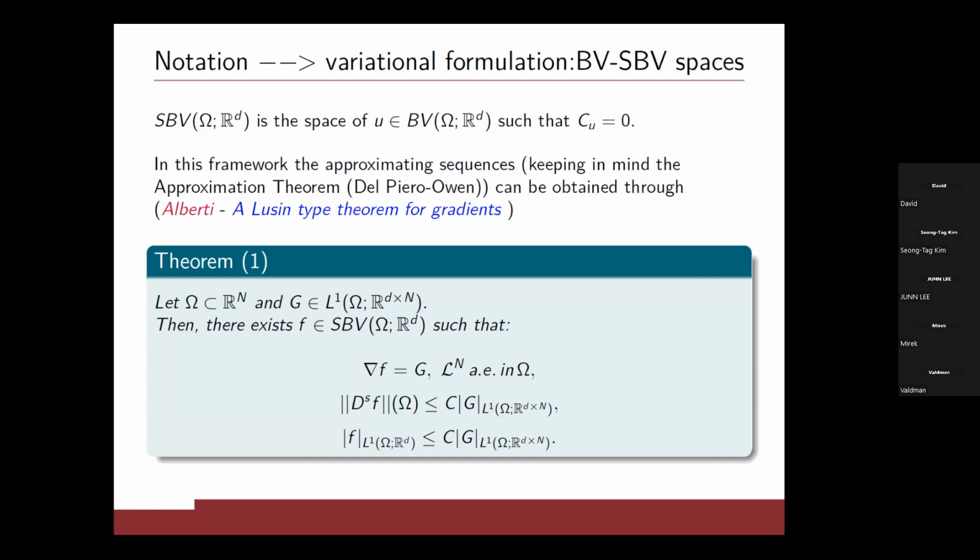Because somehow I can associate the set K and the field G with the same field little u, if you like. So essentially, I will consider K to be the set where the singular part of the distributional gradient of u concentrates, neglecting the counterpart.